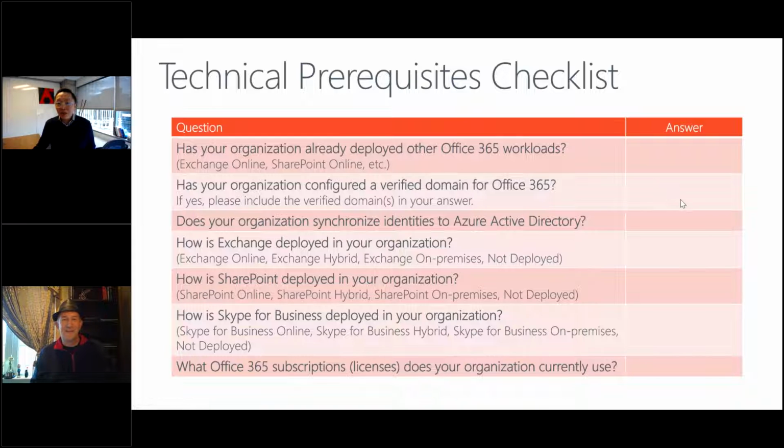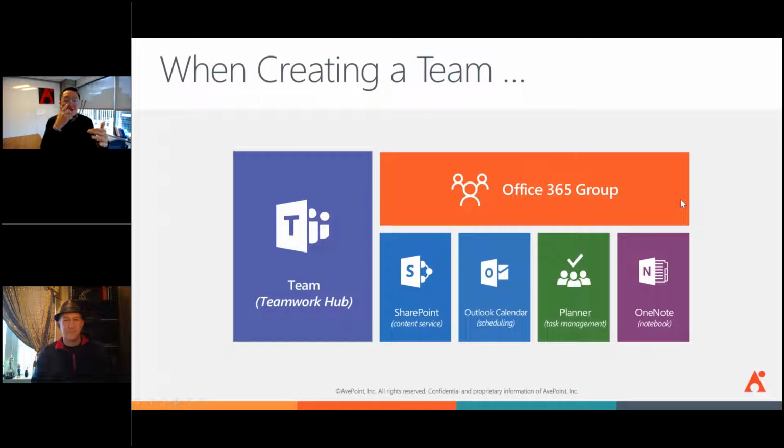For example, when creating a team, you create a team. Essentially, on the back end, what happens is it creates an Office 365 group. And for those not familiar with what an Office 365 group is, in short, it's a membership service. It's not an application. It's a keychain. It's a way to hold similar people together to use the same set of technologies.